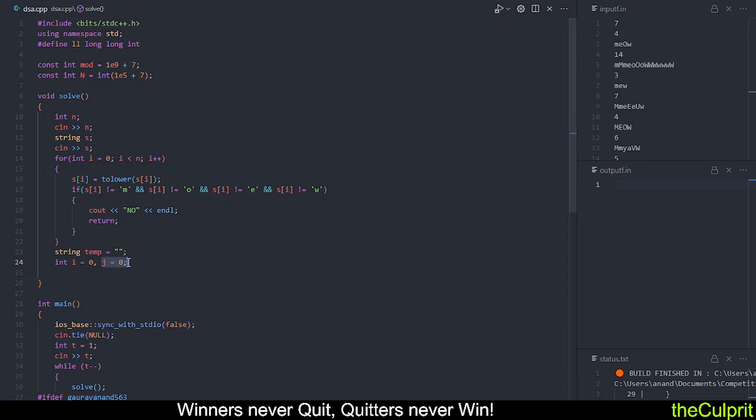So j basically points to the same character that i is pointing to, and finally at one point when j is not pointing to the same character where i is pointing, then I will assign i to that value of j. So basically i will only point to distinct characters, and j will help me to identify the next distinct character.